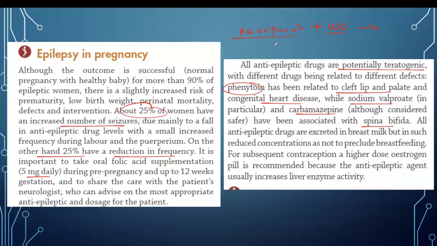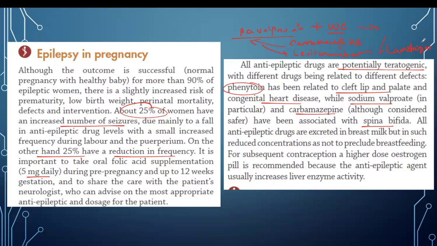So change sodium valproate to something safer, like carbamazepine, which is a lot safer than valproate. So you can change valproate to carbamazepine, but even better at the moment, nowadays, the newer anti-epileptics are commonly used. The newer anti-epileptics are, we have got Keppra or levetiracetam, or lamotrigine.